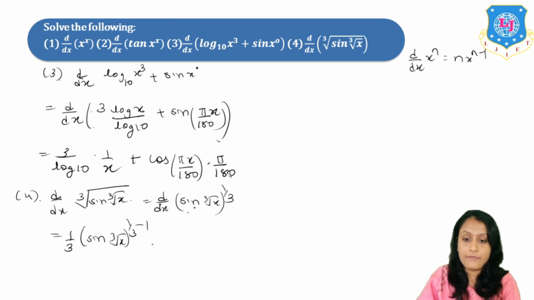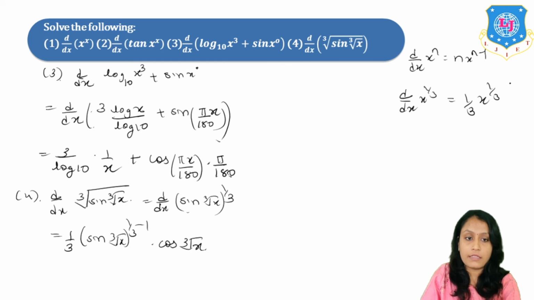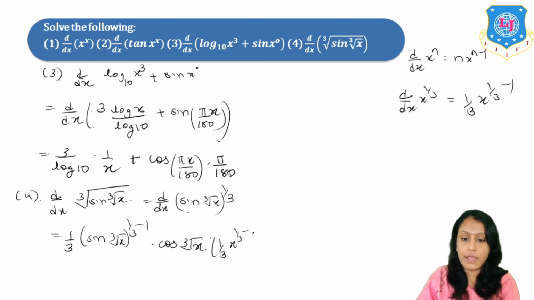Now apply the sine formula. So you will get cos cube root of x, and now we have to write down the derivative of cube root of x. So d by dx of x raised to 1 by 3 is what, 1 by 3 x raised to 1 by 3 minus 1. So we'll write over here 1 by 3 x raised to 1 by 3 minus 1. Now simplify.